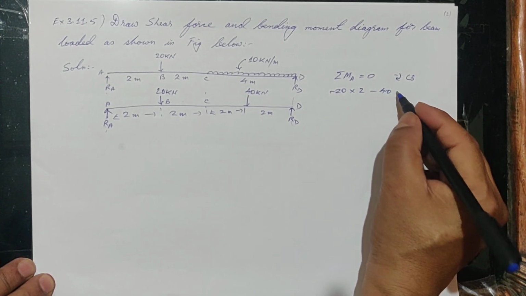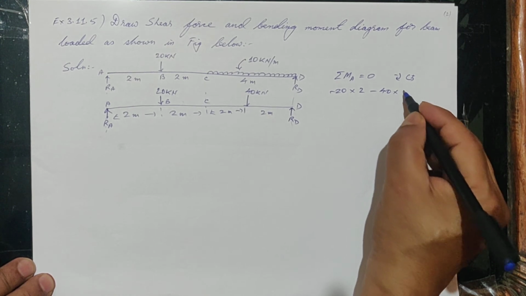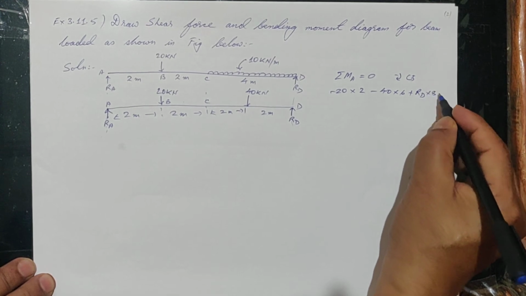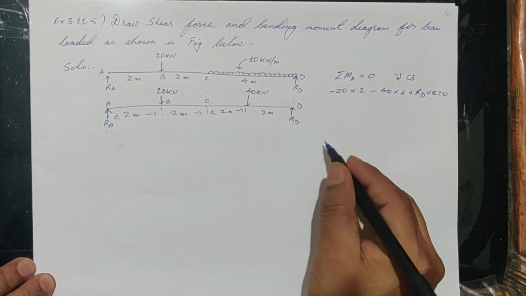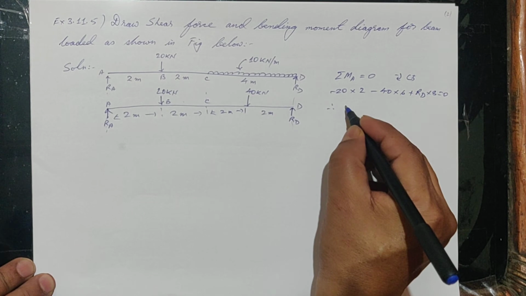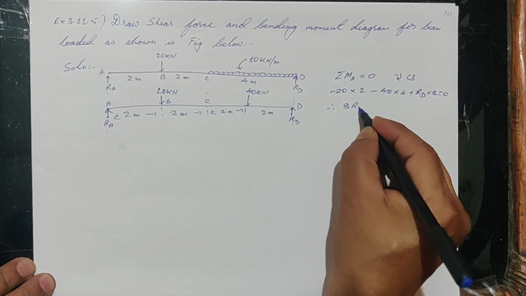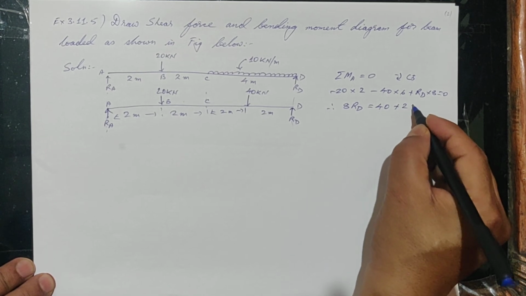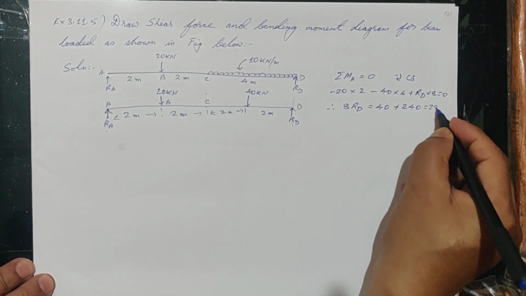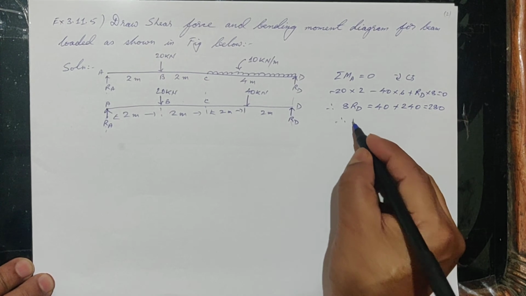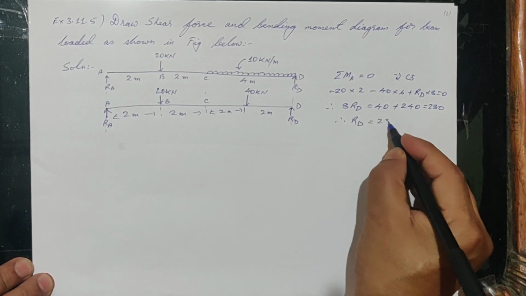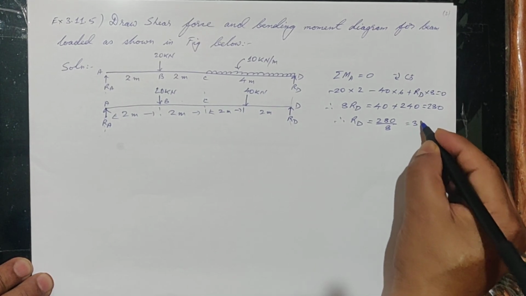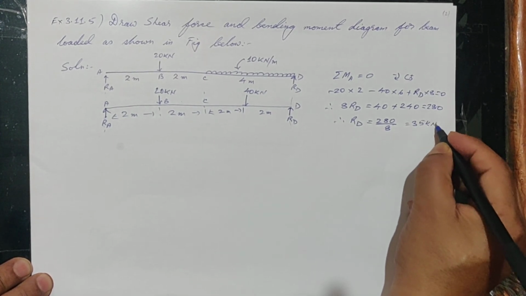Minus 40 multiplied by 6 plus RD multiplied by 8 is equal to 0. Therefore, 8 RD is equal to 40 plus 240, which is equal to 280. Therefore, RD is equal to 280 by 8, which comes to 35 kilonewton.